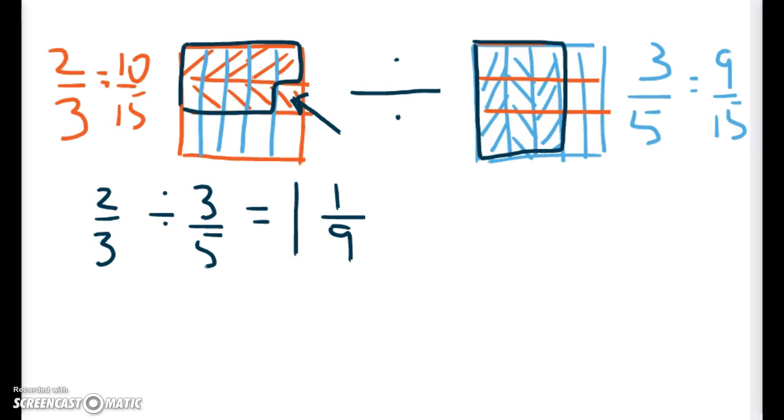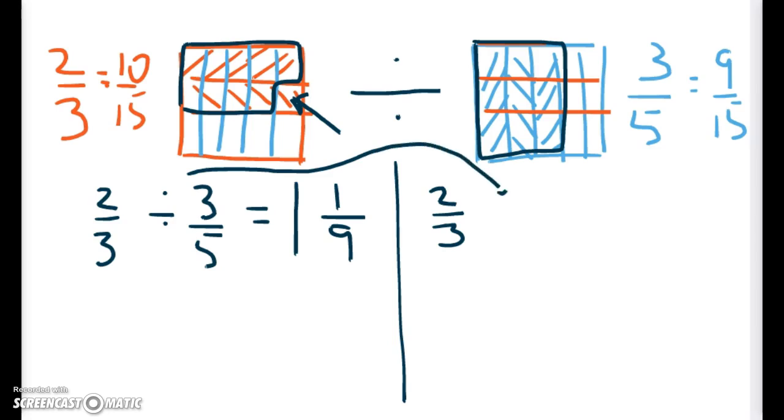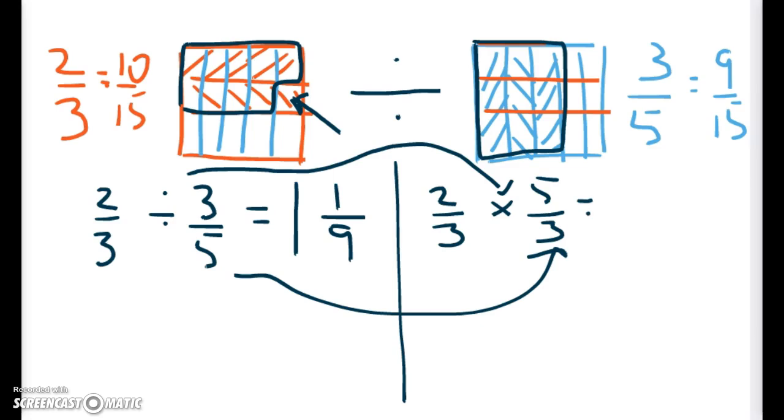So let's make sense of this using our old algorithm, which told us to take 2/3 and multiply by the reciprocal, which is 5/3. And we just learned how to multiply. So this gives us 2 times 5 is 10/9, which I believe is 1 1/9.